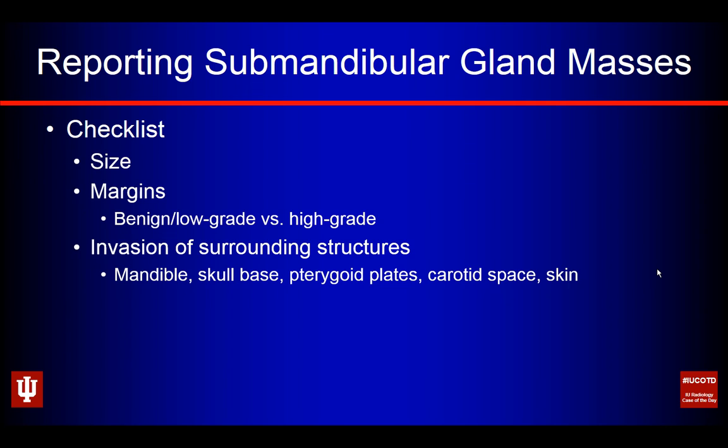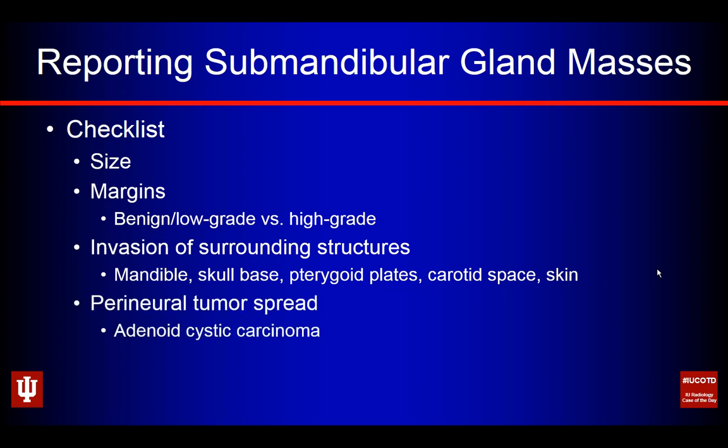Is it going crazy and getting up to the skull base, the pterygoids? What's it doing to the carotid space? Is it extending out to the skin surface? Be on the lookout for perineural tumor spread. Adenoid cystic, again, is our main culprit, but any of the malignant tumors can do it. Be on the lookout for nodal metastases. Mucoep is our classic culprit, but again, any of them can do it.